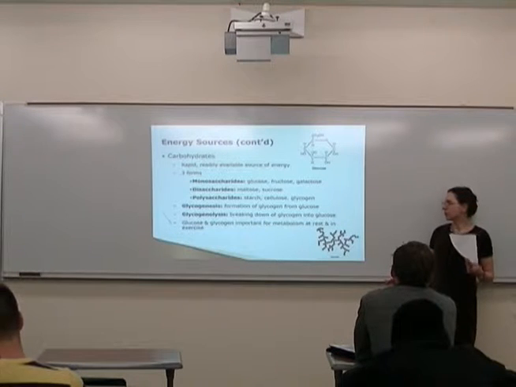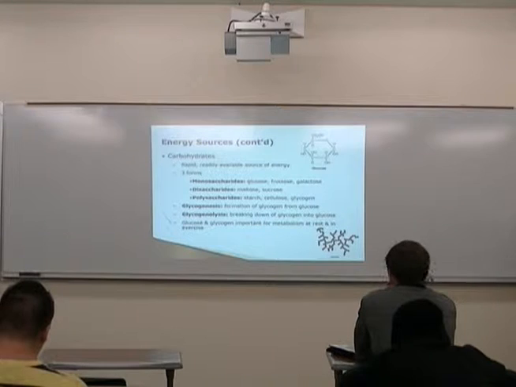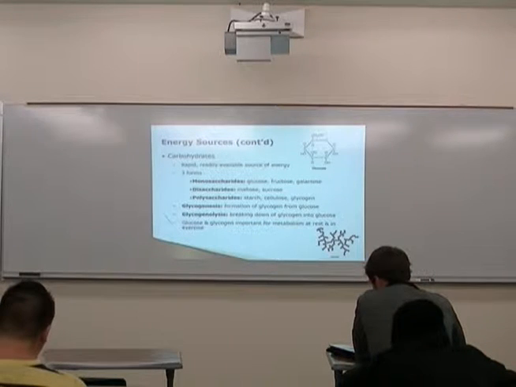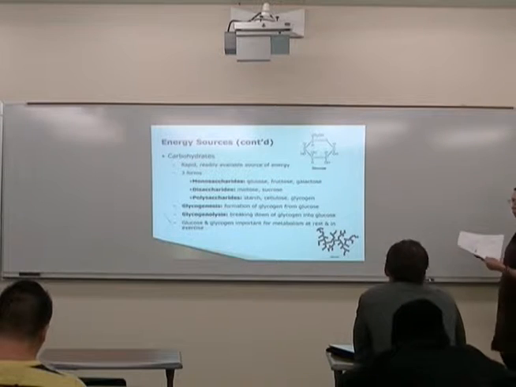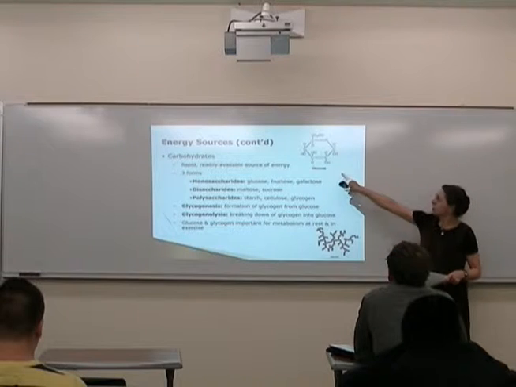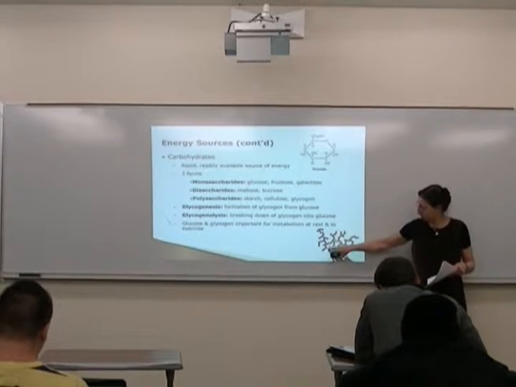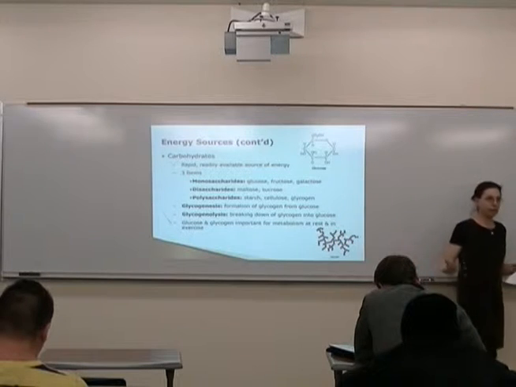Carbohydrate in the form of glucose and glycogen are important for us for metabolism, for energy production, whether we're at rest, so as you're sitting here or as you're asleep, or whether you're exercising. Okay. If I put lots of these glucose molecules together, then I get a glycogen molecule.